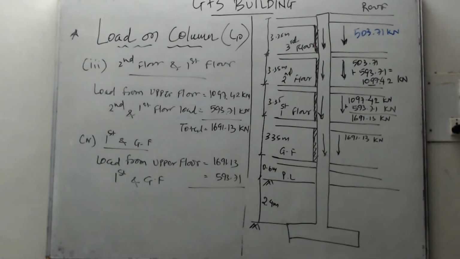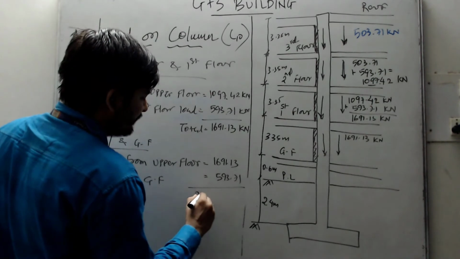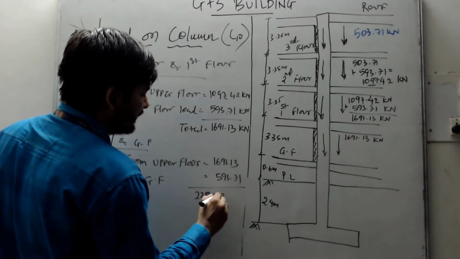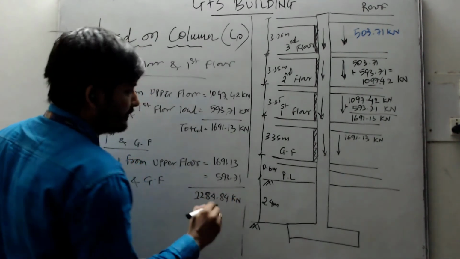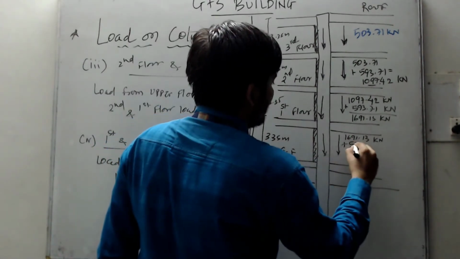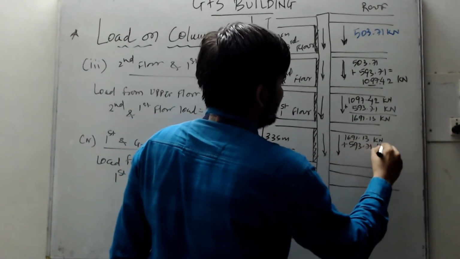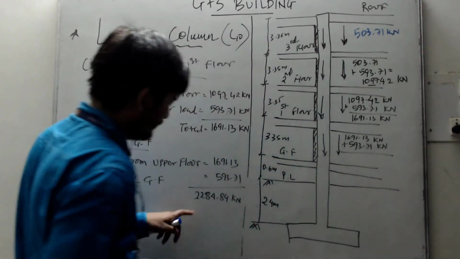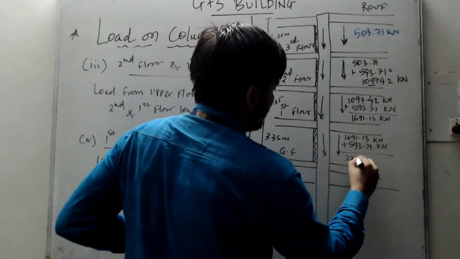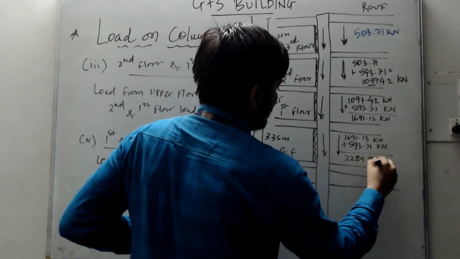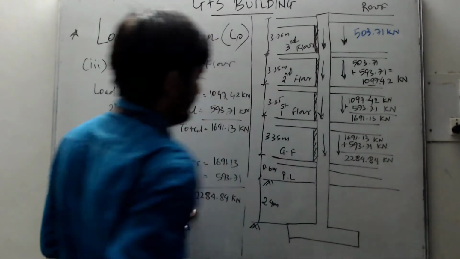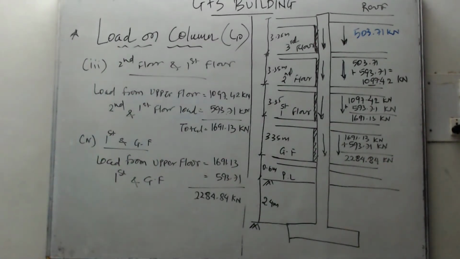So if I make the summation of these two, I'll get a load of 2284.84 kilonewton. Alright, now we have come to the next point, that is column between plinth and footing.